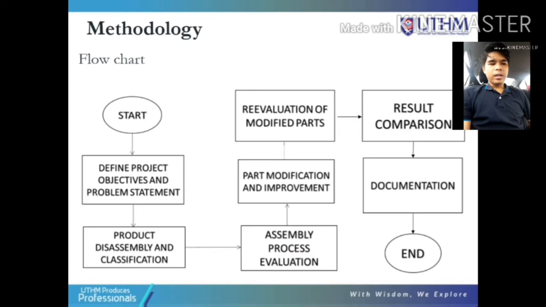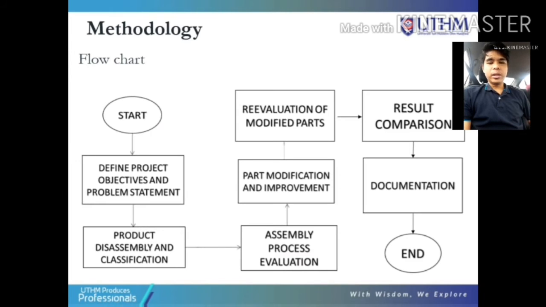Then when we are done with the table of design for the assembly, we can do the part modification and improvement. We also can eliminate or simplify the part, and then do the re-evaluation of the modified parts.